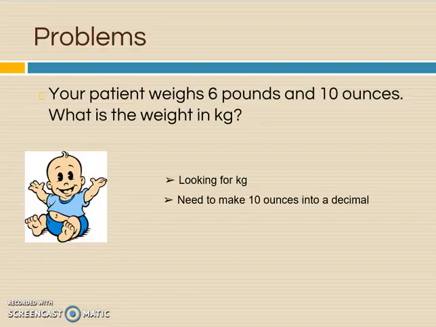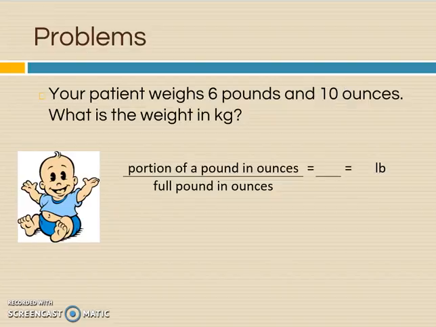And then the other thing is this 10 ounces that's right here, we need to make that into a decimal, because it has to be 6 point something pounds. That's the only way we can do this problem easily.